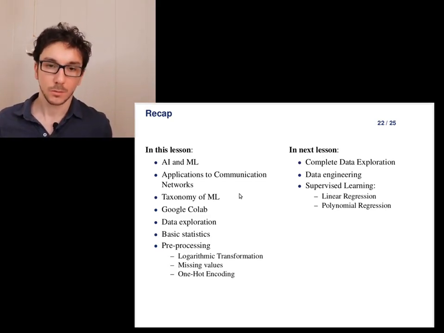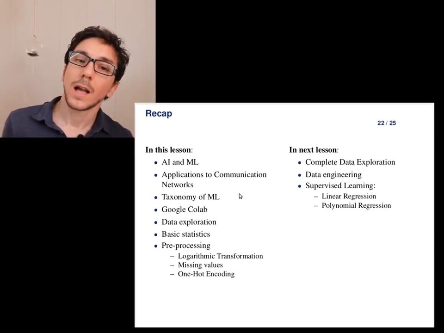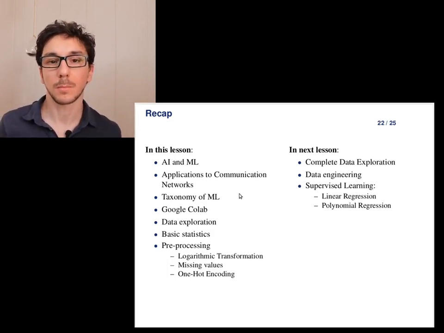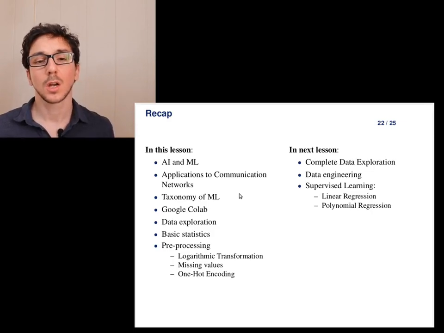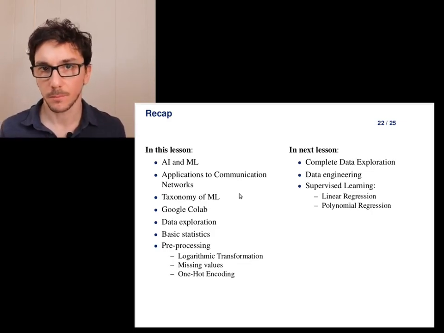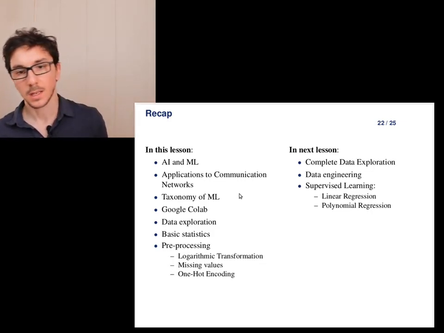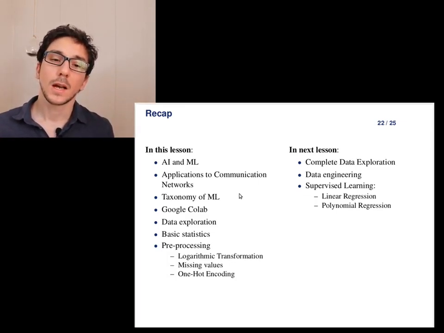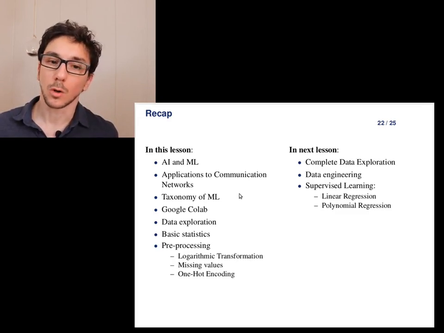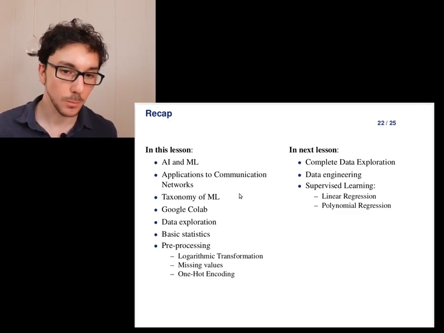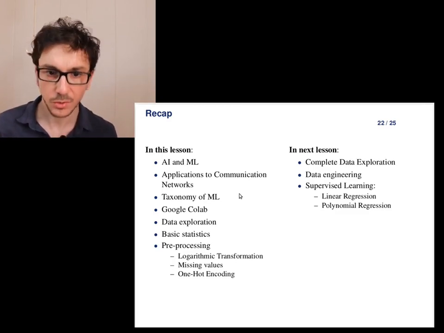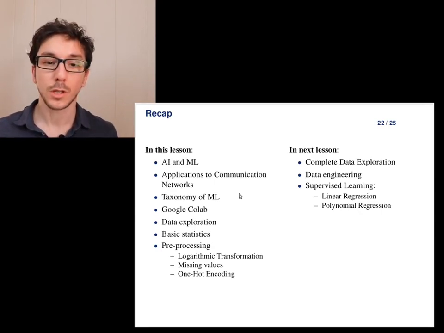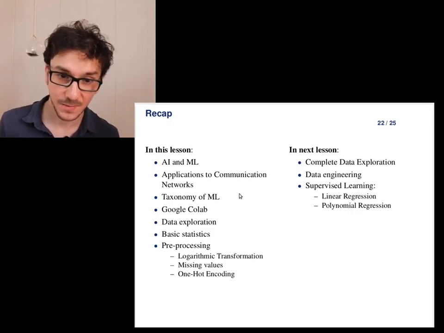So let's see what we have seen today. I have given some definitions of AI and machine learning, and some examples of application to communication networks. We have seen what the different machine learning methods are, which means supervised, unsupervised, semi-supervised, etc. We have learned how to run code in Google Colab and how to perform some simple data exploration and visualization, the meaning and the computation of simple basic statistics.